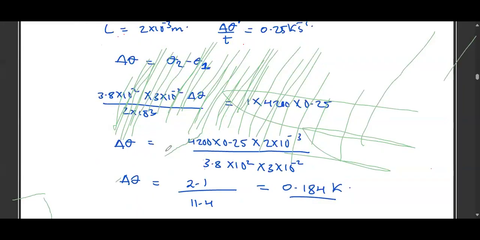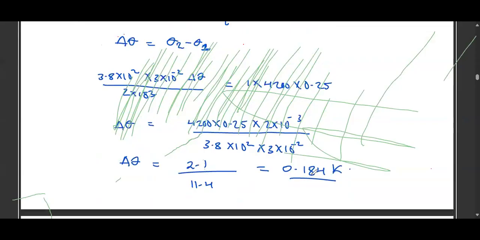Make delta theta the subject here. We are coming up with the steady difference in the temperatures of the outer and the inner surfaces as 0.184 kelvins. That is the difference between the outer and the inner surface of this kettle here.